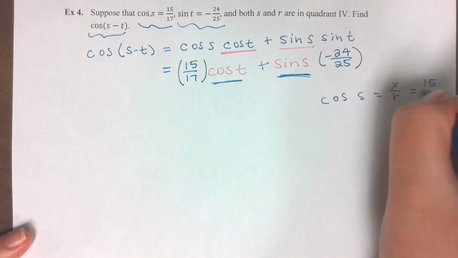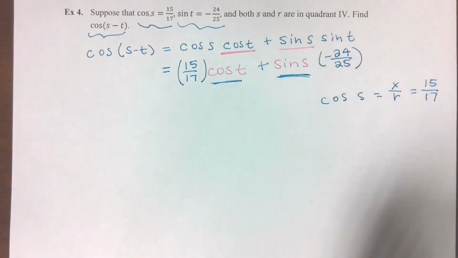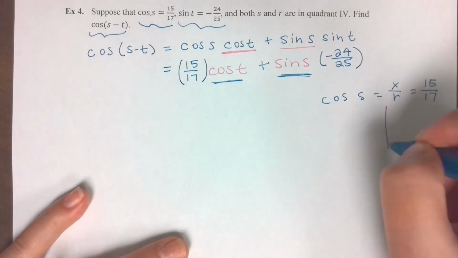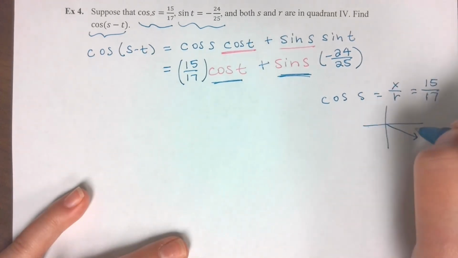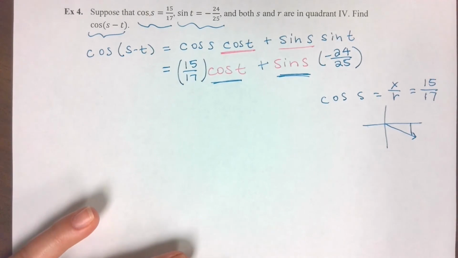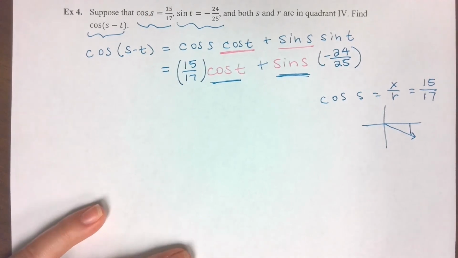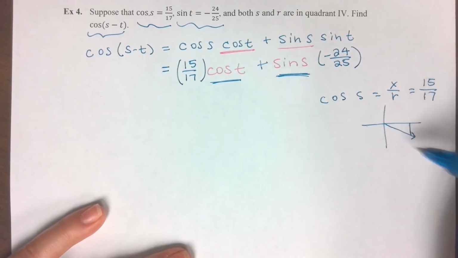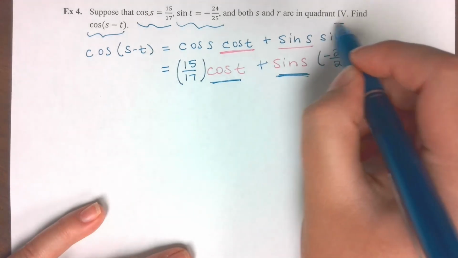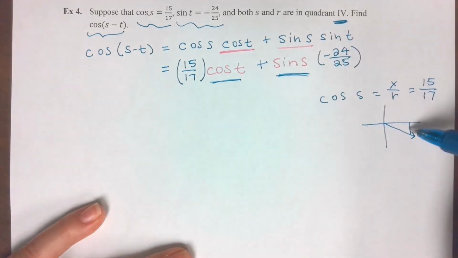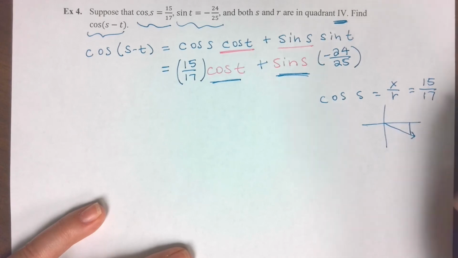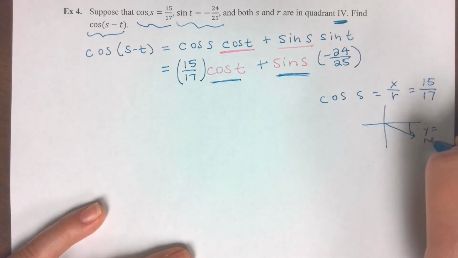So x would be 15 and r would be 17. And then you could find the y value by using the Pythagorean identity. Remember that it is in quadrant 4, so quadrant 4 will tell you that your y is going to be negative.